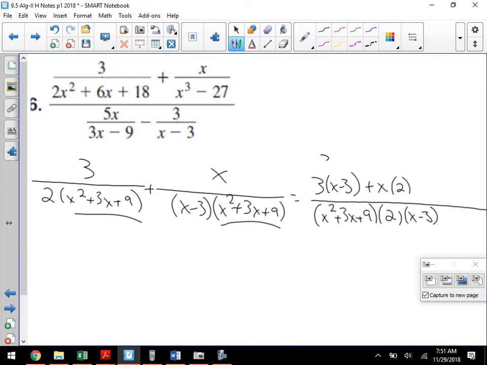So this gives me 3x minus 9 plus 2x. So my brand new denominator is going to be, excuse me, was it 5x? Oh, I'm looking at the wrong part. So it'll be 5x minus 9 all over 2 times x minus 3 times x squared plus 3x plus 9.